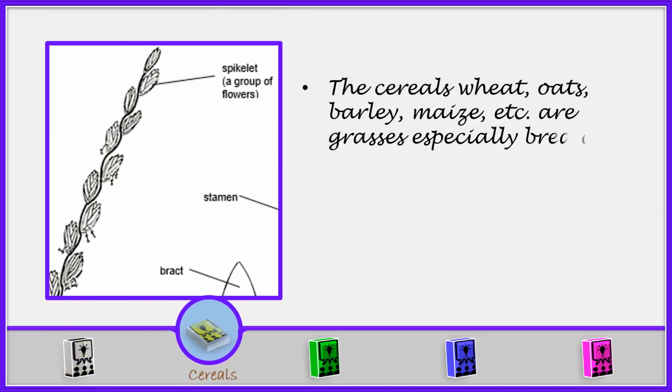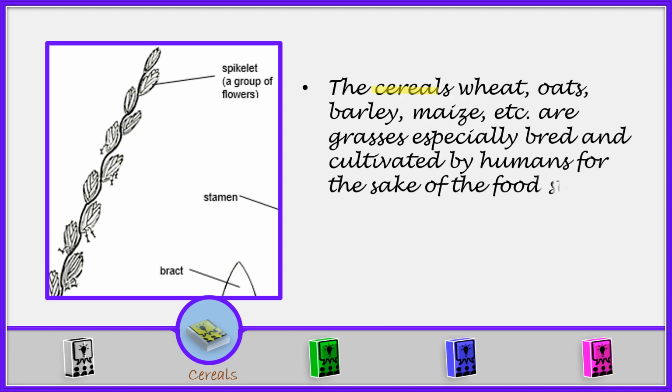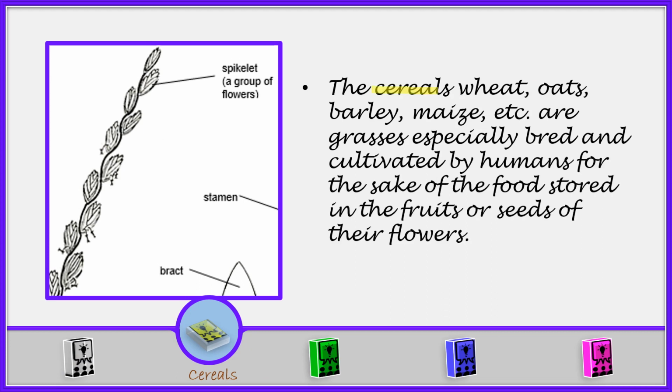The cereals, wheat, oats, barley, maize, and many others are grasses, especially bred and cultivated by humans for the sake of food stored in the fruit or seed of their flowers.